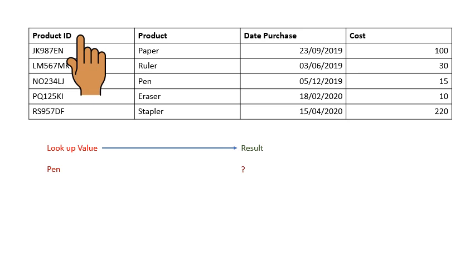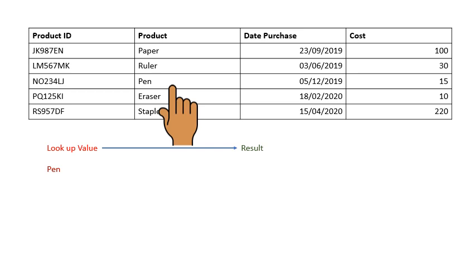I'm not going to start with product ID and run my finger down in search for pen, and then only go to product to find pen. Nobody does that. In actual fact, first you will look at the column on which you would find that lookup value. You'll ignore all the columns before it. So we know now that pen will fall somewhere under the product column. So we run our finger down till we find that specific reference, that lookup value.